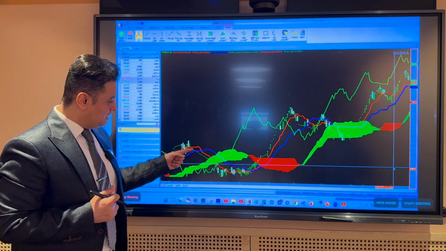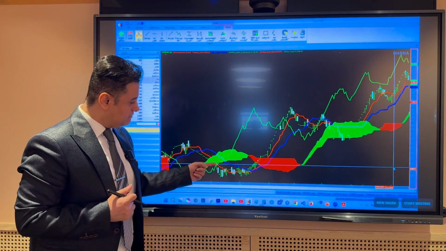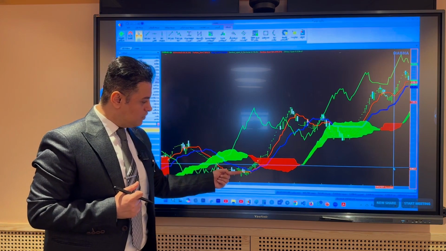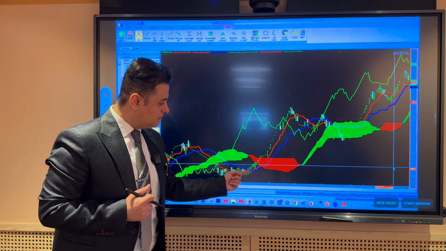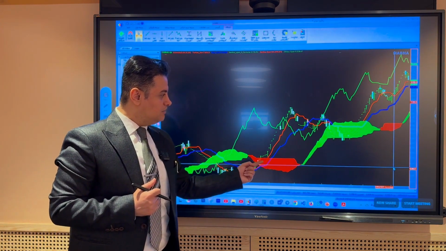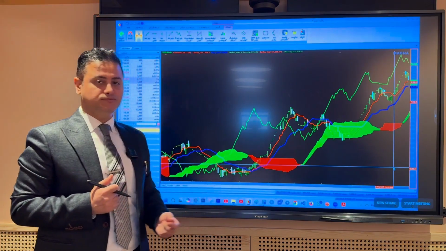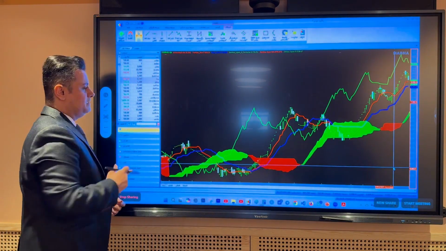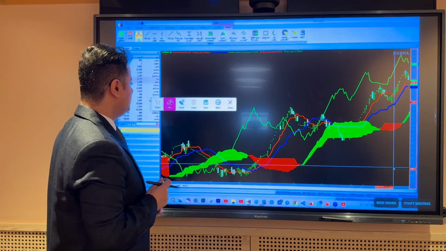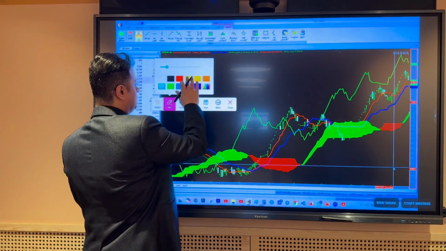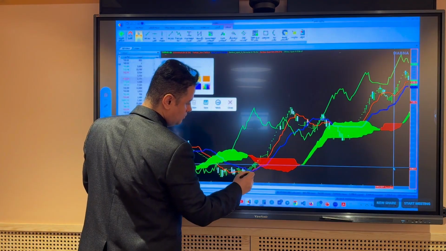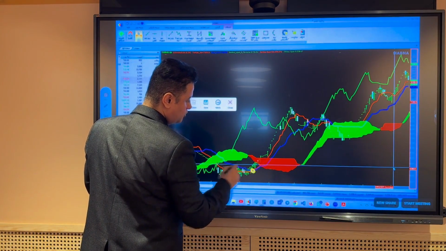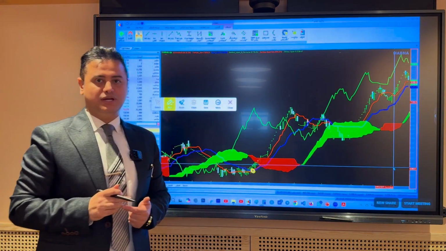For example, look at this area here. The red line, which is the Tenkan, has come from below and crossed the blue line from below to above, and this point can be a significant point. This point can be a buy signal for me.